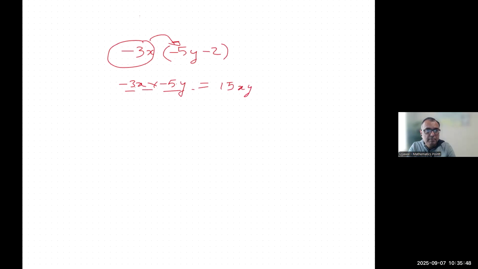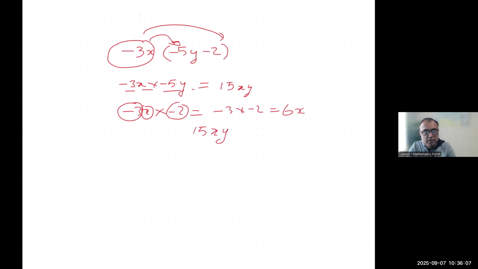And the other one, negative 3x times negative 2 makes it 6, and there's only x here, so x. So the answer is 15xy plus 6x.